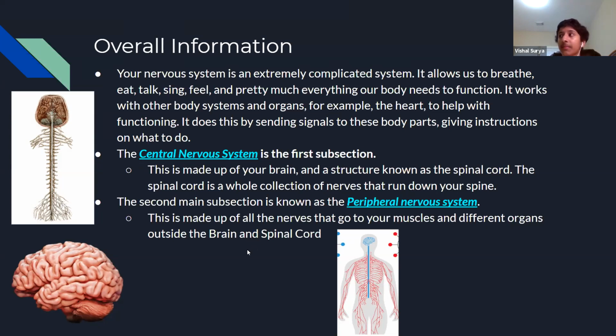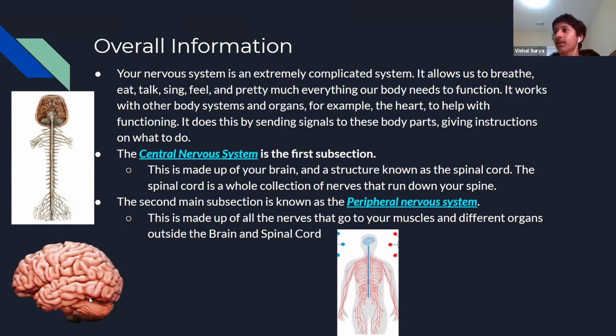The second main subsection is the peripheral nervous system. This is made up of all the nerves that go to your muscles and your different organs outside of the brain and spinal cord. For example, the nerves that go to your muscles to help you lift a rock would be the peripheral nervous system, or the nerves that go to organs in your body, like the stomach, would be part of that as well.